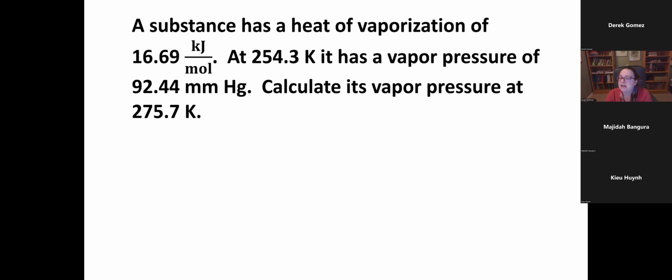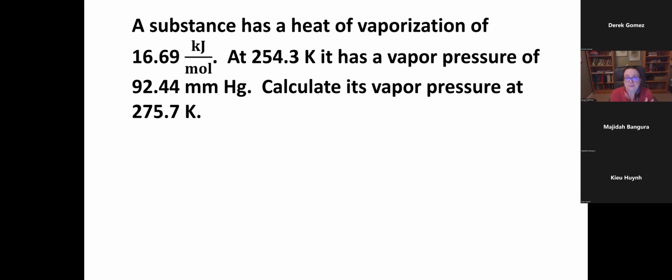So it's going on and on about vapor pressure here. And you can see that there are 2 different temperatures, so you have a set of data. You know that 254.3 Kelvin goes with, it's a data pair, that's a temperature, and the vapor pressure that goes with it is 92.44 millimeters of mercury.